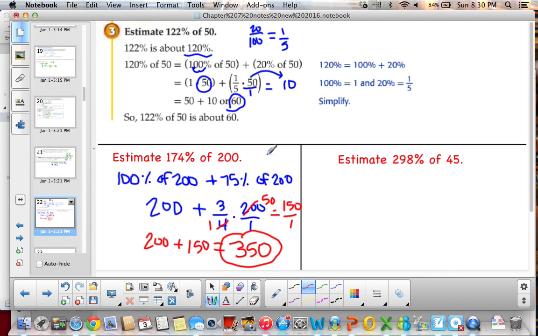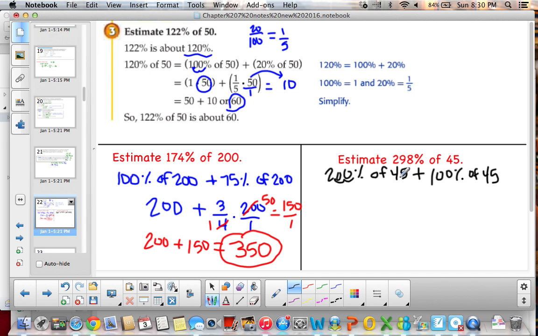So pause me and solve this one. So 298%, you could do 200%. We'll do it a couple different ways. 200% of 45 plus, and then we have 98%, which is very close to 100. So we're just going to take 100% of 45. 200% is the same as 2 because we move that decimal over, so it's basically 2 times 45.